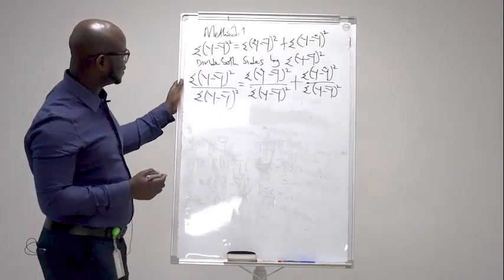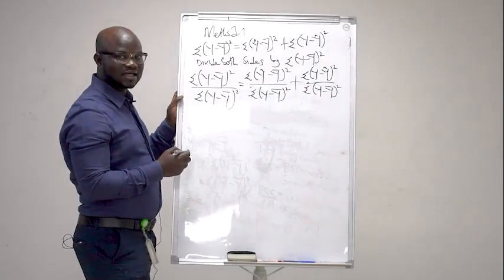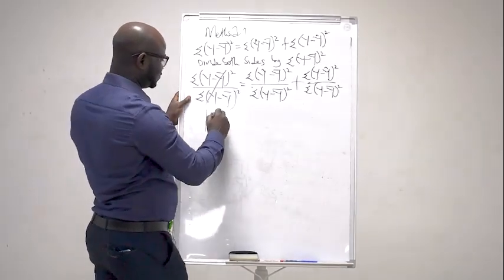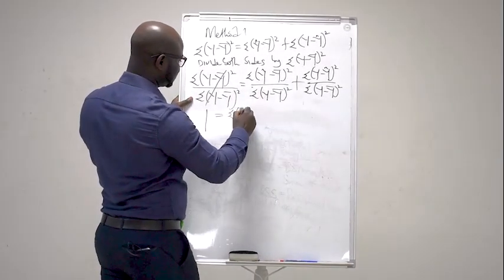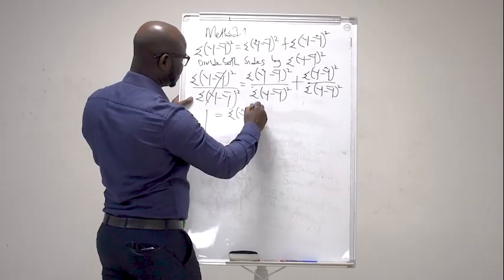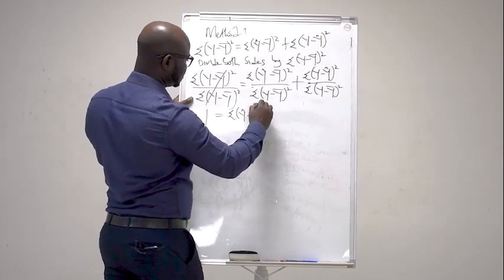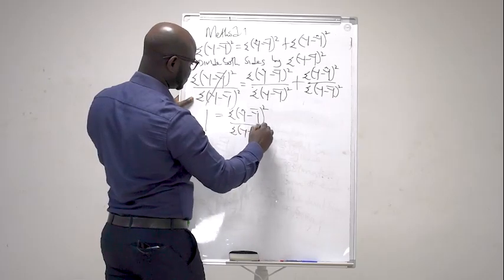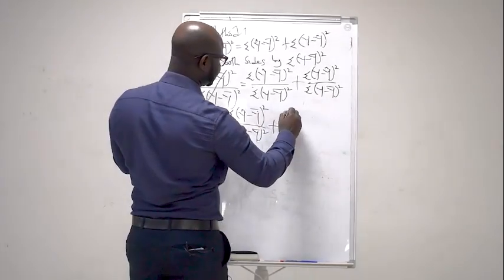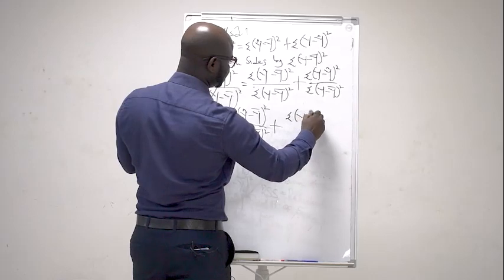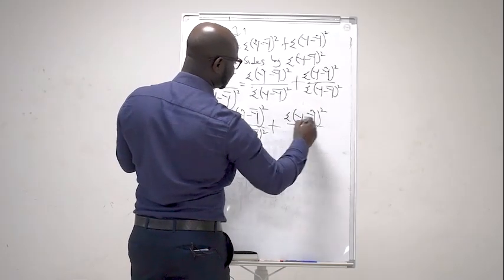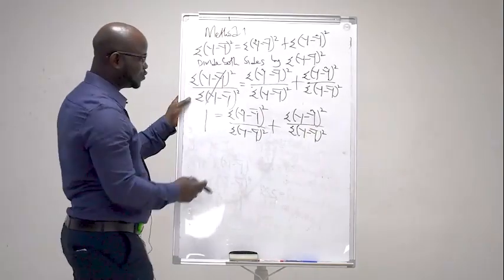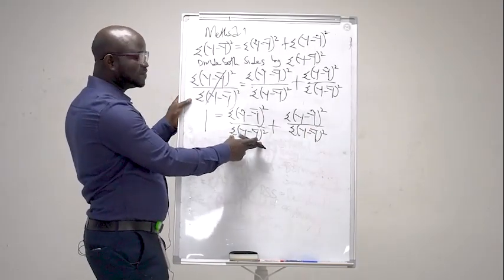you can see that this and this are the same, right? So we cancel this, we have 1, and it will be equal to this. What we have here is the same thing as R squared.